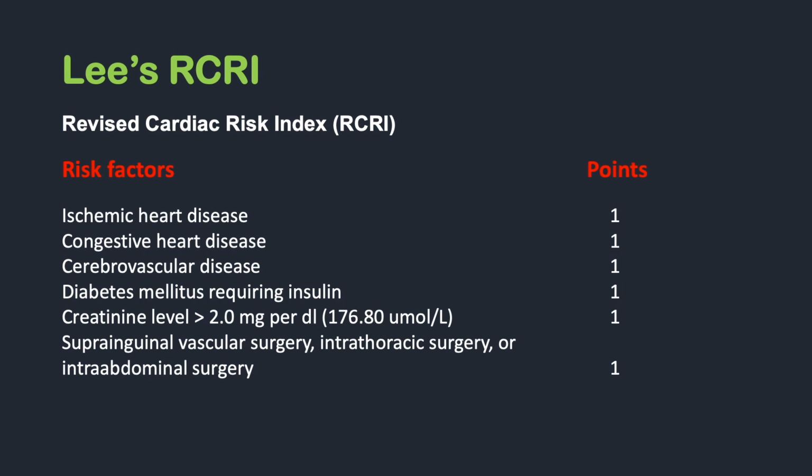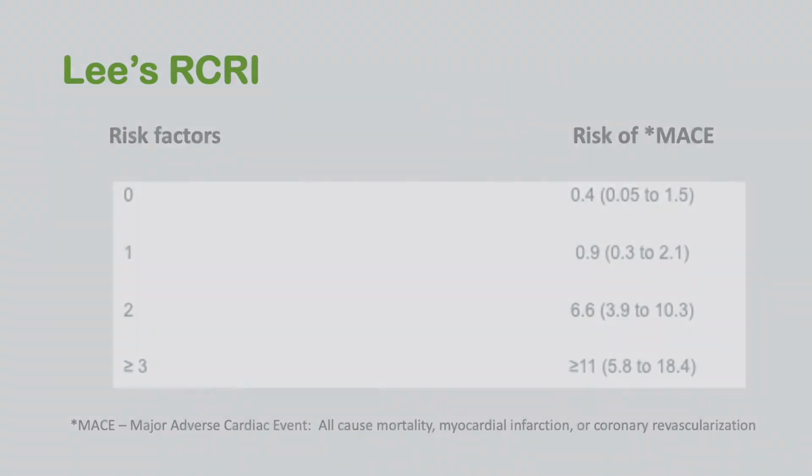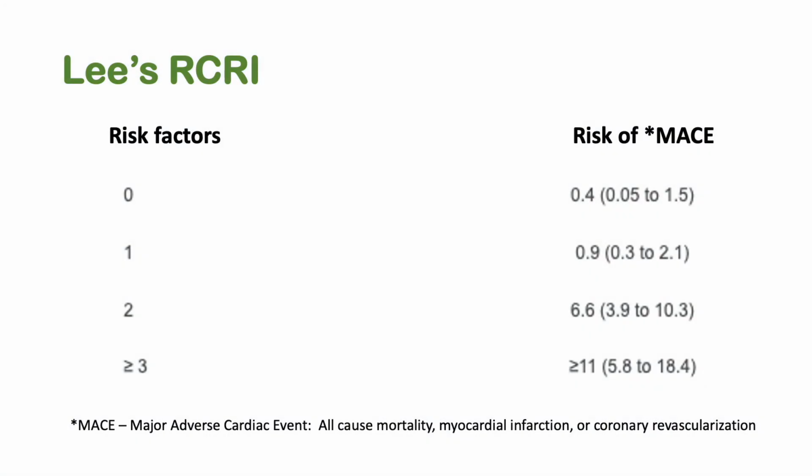The 5 clinical risk factors include ischemic heart disease, congestive heart failure, cerebrovascular disease, diabetes requiring insulin, creatinine level of more than 2 milligrams per deciliter, and the procedural risk factor like suprainguinal vascular surgery, intrathoracic or intra-abdominal surgery. Each of these risk factors is allotted 1 point each.